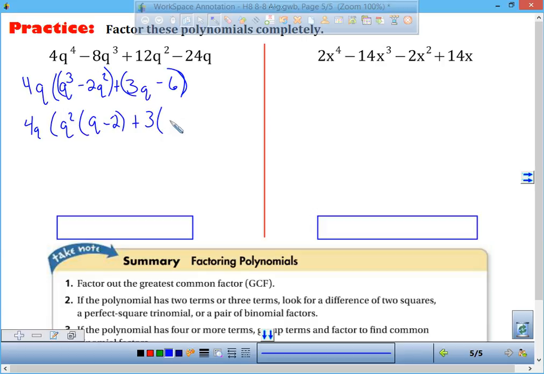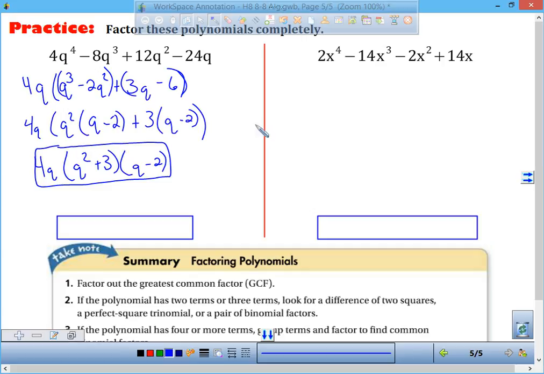And what I have left is going to be q minus 2. Okay, and then I just find my two binomials, the 4q tagging along, the outside, q squared plus 3, and then the common inside, q minus 2. And that's going to be completely factored then.